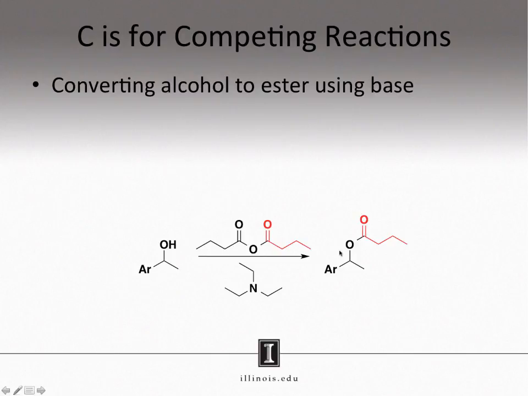That's okay. For now, you simply need to be able to read a reaction scheme where starting materials are on the left, products are on the right, and above and below the arrows are the reaction conditions, and be able to identify the type of molecules being used. We have an alcohol being turned into an ester using an anhydride and a base.